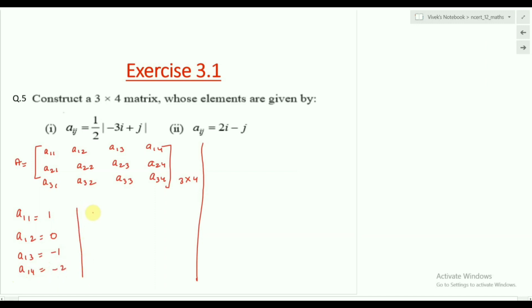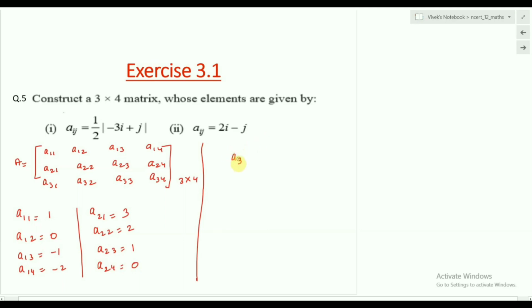Similarly, if you find A21, A21 will be what? 2 into 2, 4. 4 minus 1 will be 3. Next, A22. 4 minus 2 will be 2. A23. So 4 minus 3 will be 1. Next, A24. 4 minus 4 will be 0.